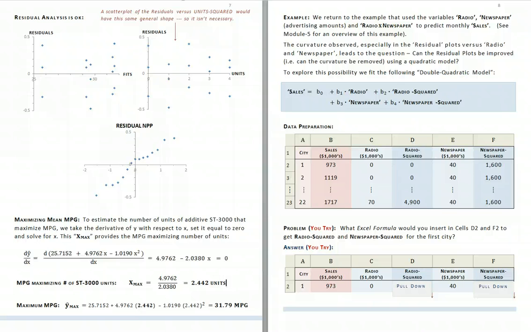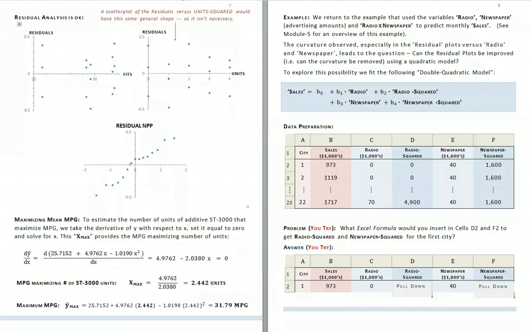We have moved to the next page. The residual analysis indicates the model assumptions are satisfied. Note that a scatter plot of the residuals versus the quadratic term, units squared, is not included.